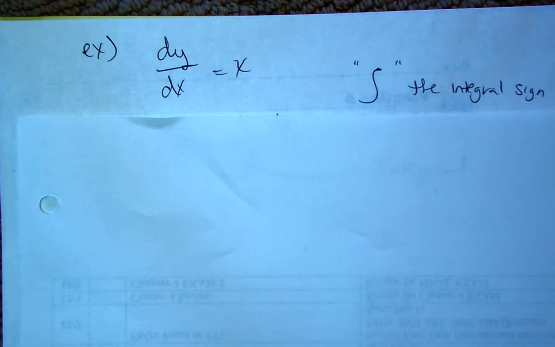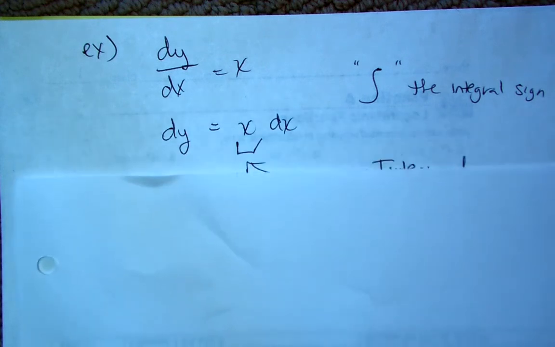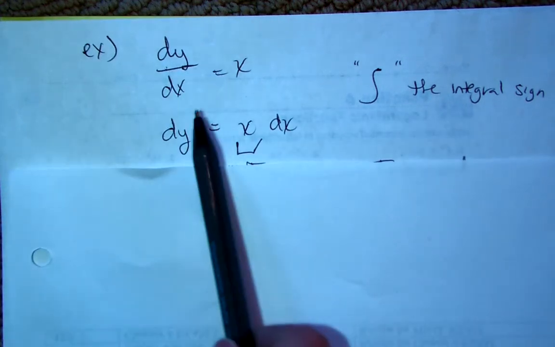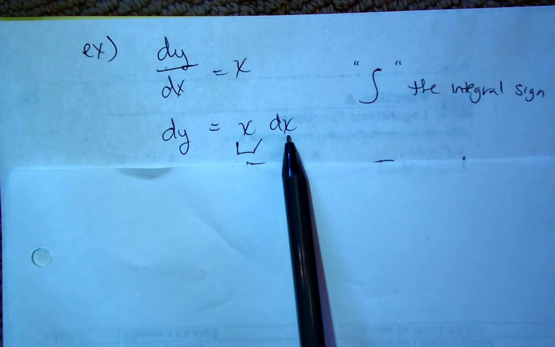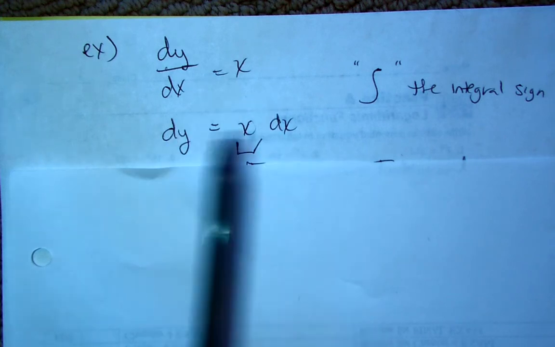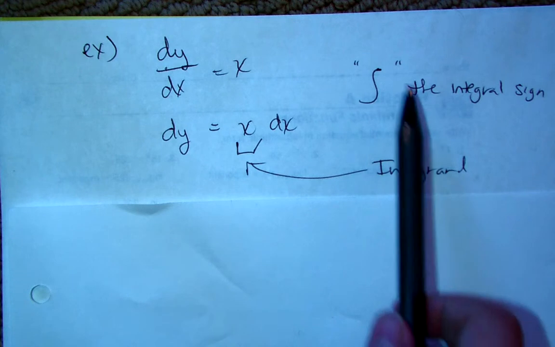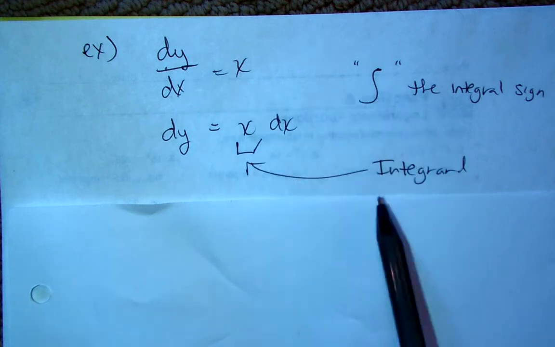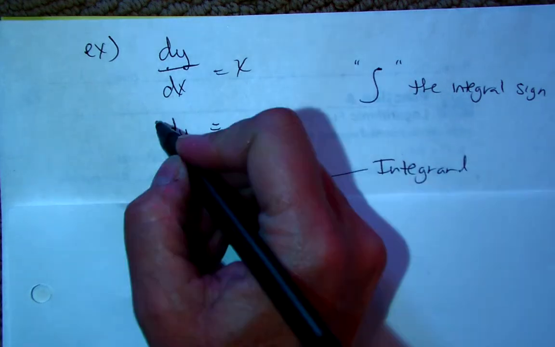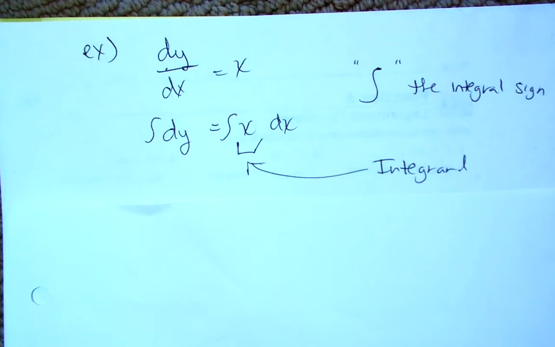Now let me show you how we're going to do this integration. So I'm going to leave my dy here. I'm going to multiply both sides by dx. So this is with respect to y, this is with respect to x. And just to give you some terminology, this is the integral sign, and this here inside is the integrand. So I'm going to integrate both sides.